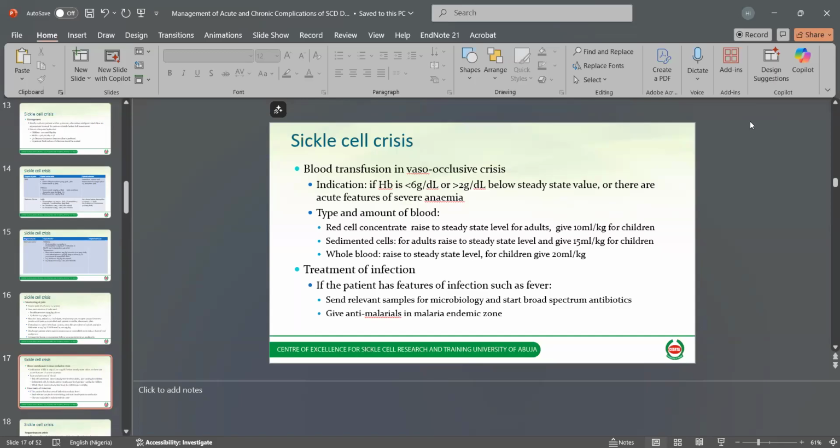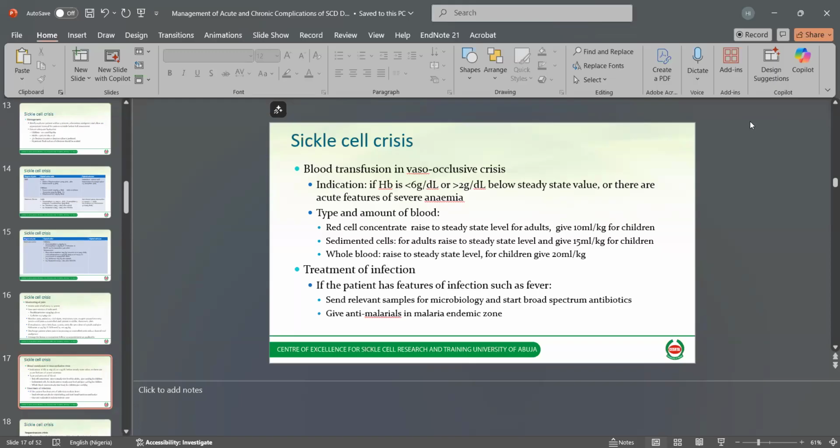So if the hemoglobin level is less than 6 grams per deciliter or greater than 2 grams below steady state value, or there are acute features of severe anemia, the patient will benefit from blood transfusion.